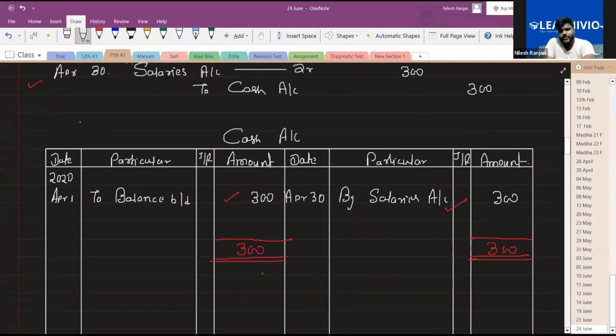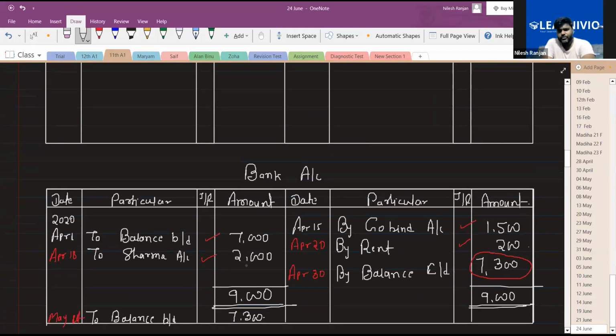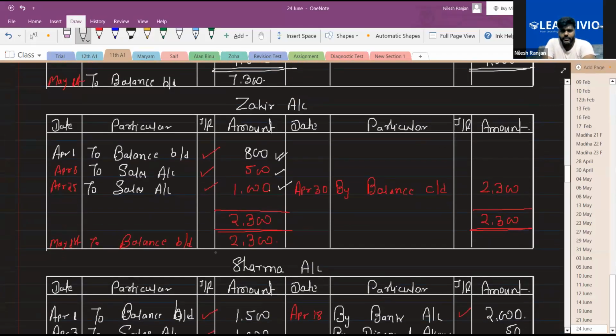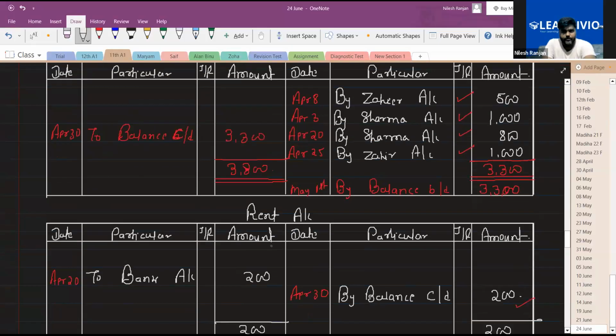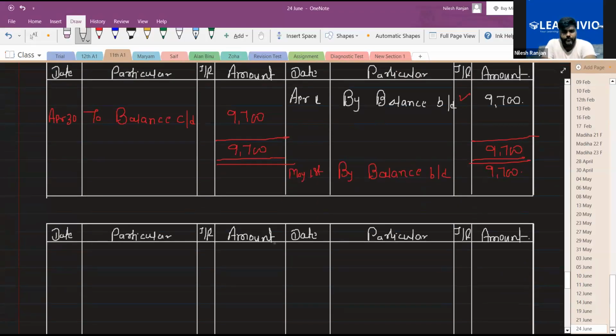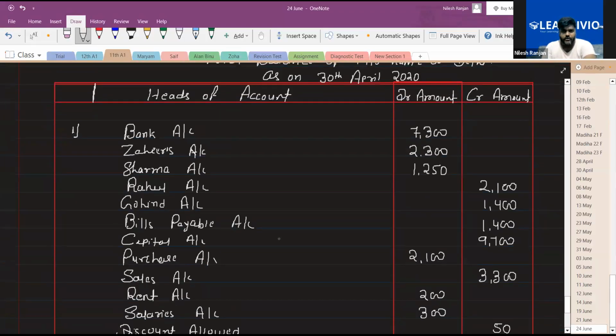I have checked two times. Cash, there is no balance. Bank. Jahir, there was an opening balance of 800. Then there are two sales, 500 and 1,000. So 1,500 plus 800, 2,300. So Jahir and bank are clear.